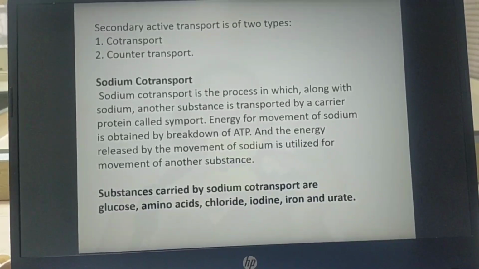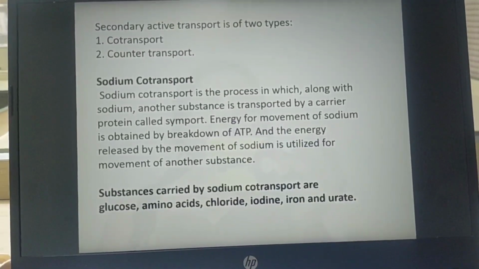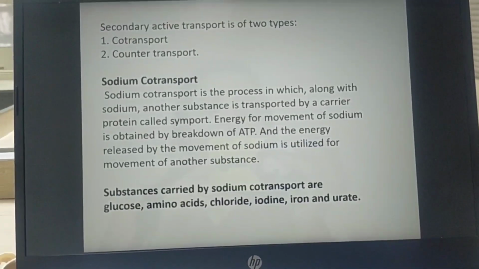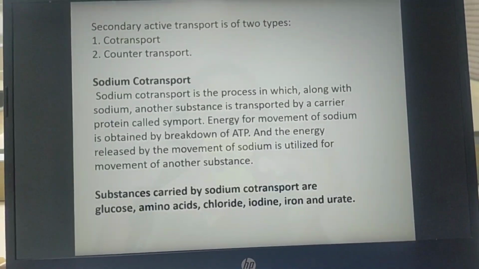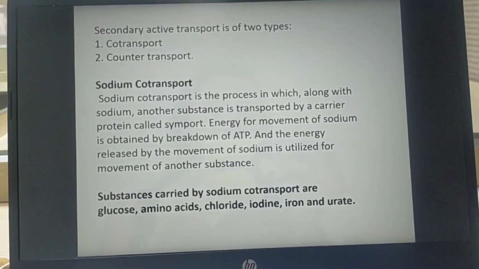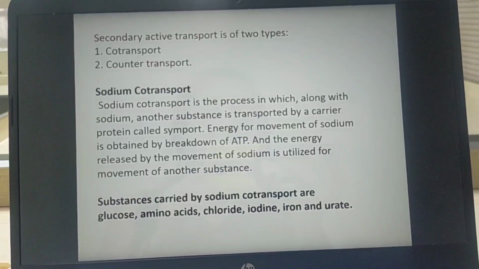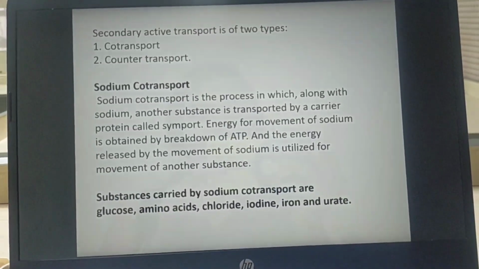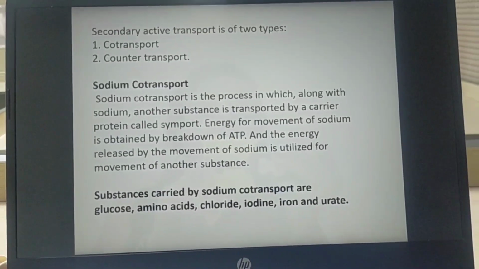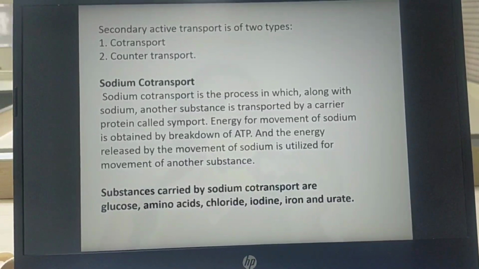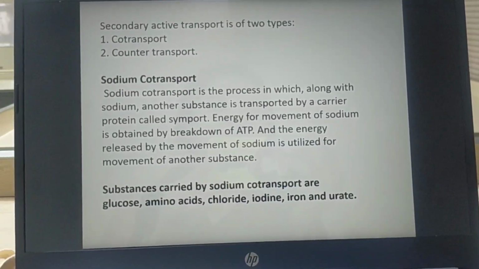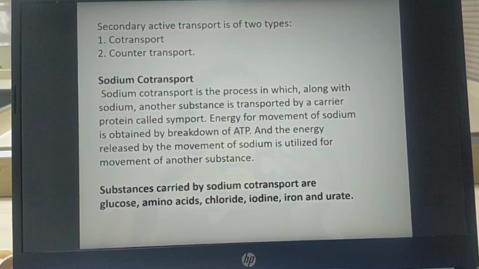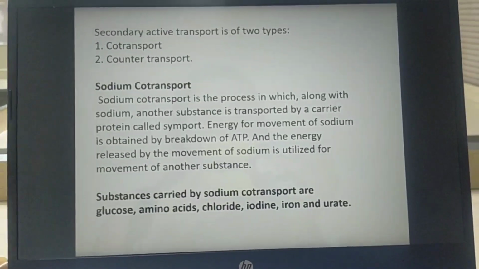Energy for movement of sodium is obtained by breakdown of the ATP, and the energy released by the movement of sodium is utilized for the movement of another substance. Substances carried by sodium co-transport are glucose, amino acids, chloride, iodine, iron, and urate.